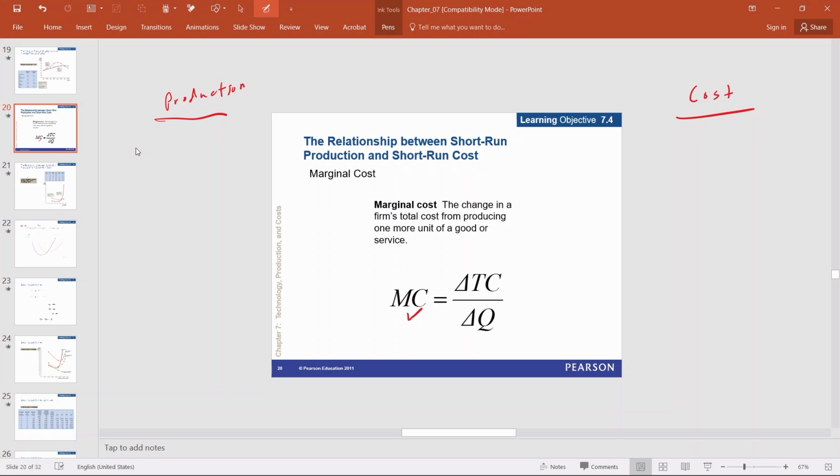So in production we talked about marginal product. So it's change in total production because of change in the level of input, which is labor. And here marginal cost is change in total cost because of change in total production.